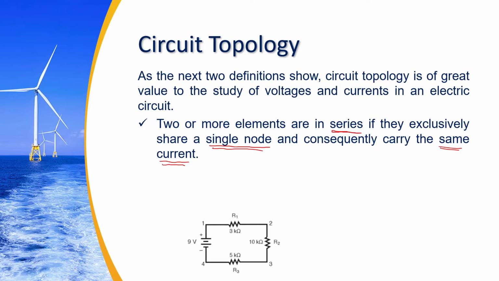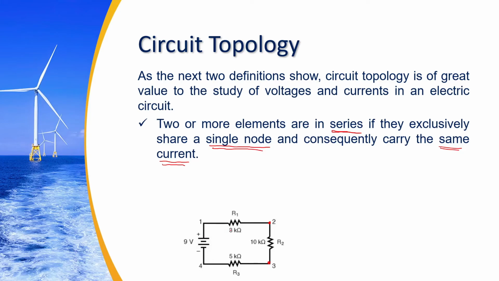Kaya kung sa circuit na ito, connected sila in series. Itong 3 kilo ohm resistor at 10k resistor, nagko-connect sila sa isang single node, which is yung node 2. Then itong 10k na resistor at 5k na resistor, nag-share sila sa single node na 3.